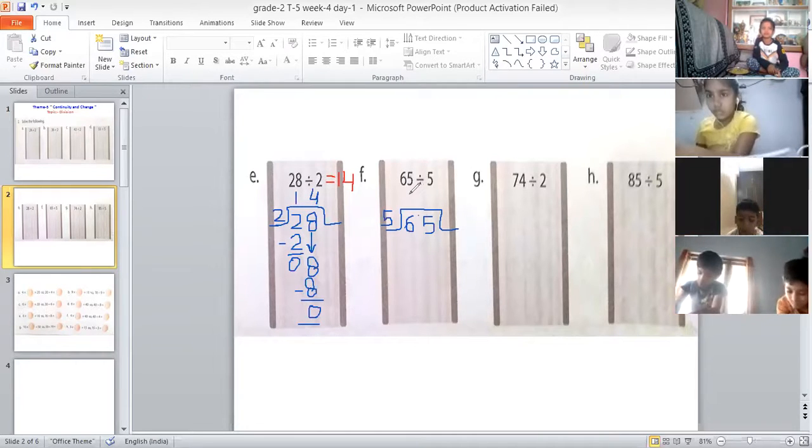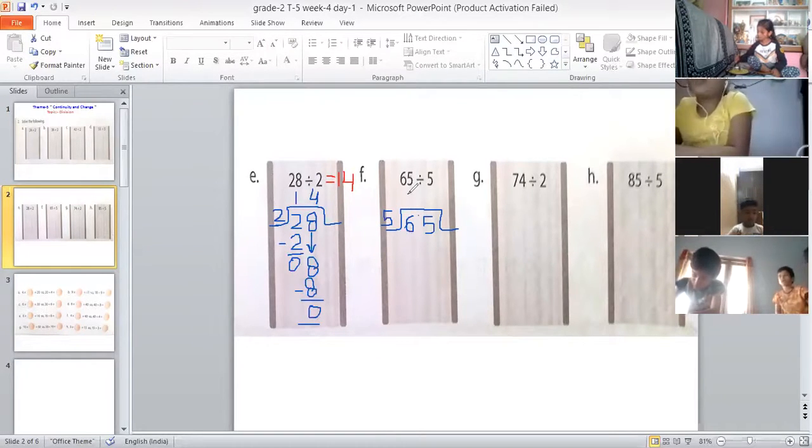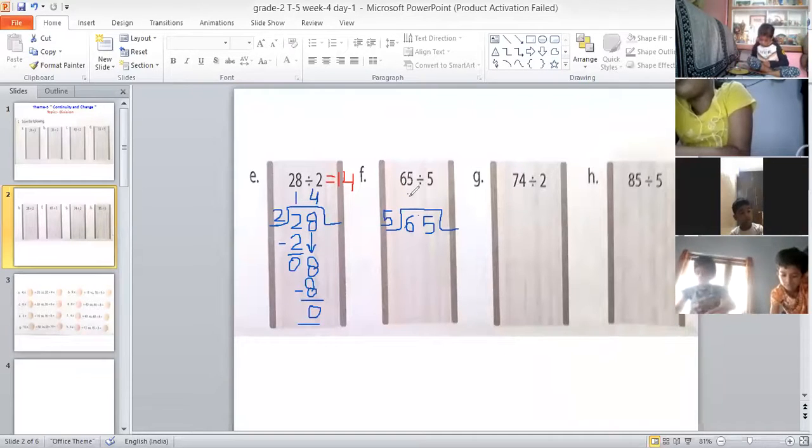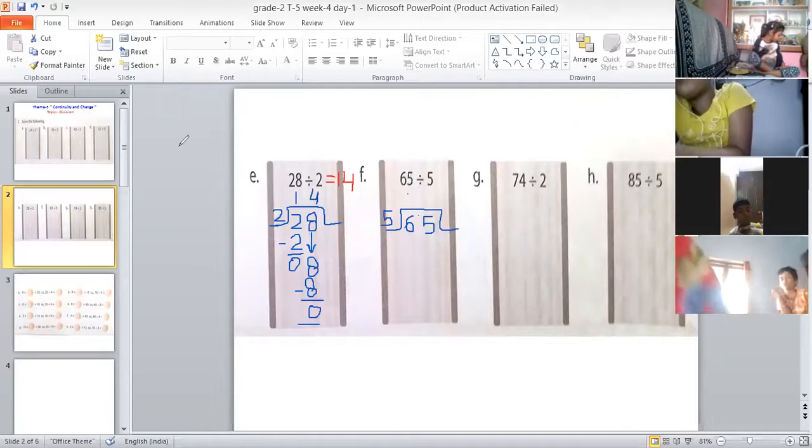So what is that number? 5, ma'am. Very good. And when are we getting 5 in 5 table? Recall 5 table. 5 ones are 5, 5 twos are 10, 5 threes are 15.